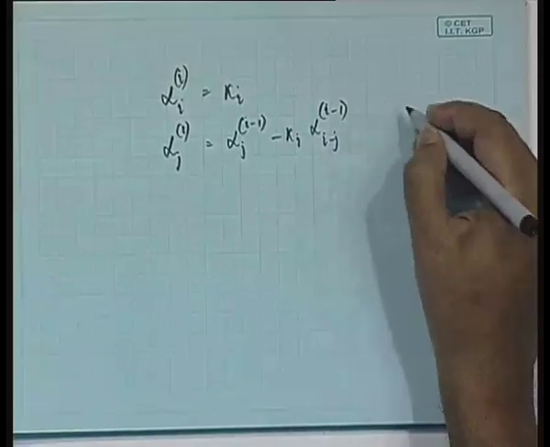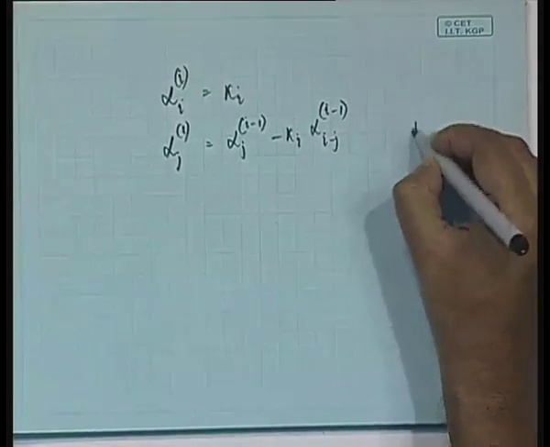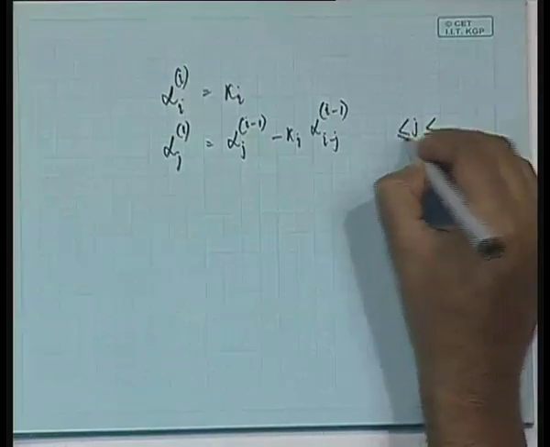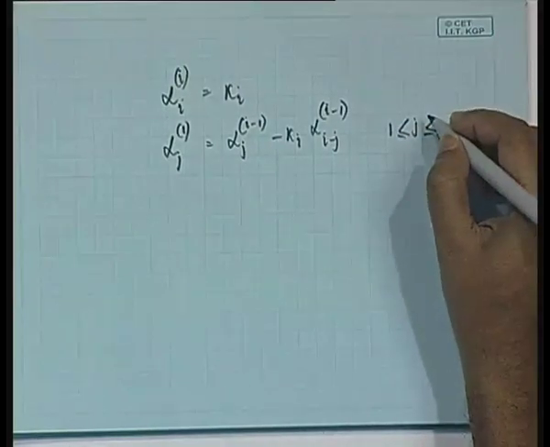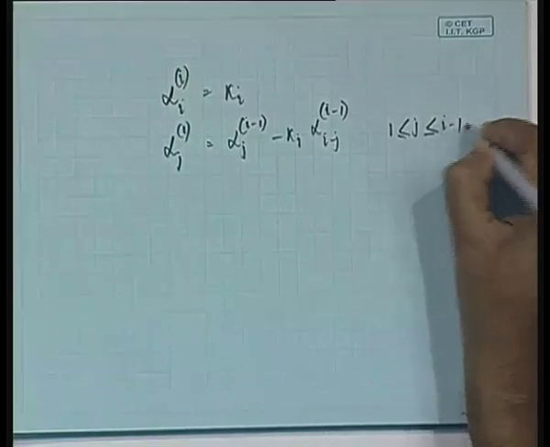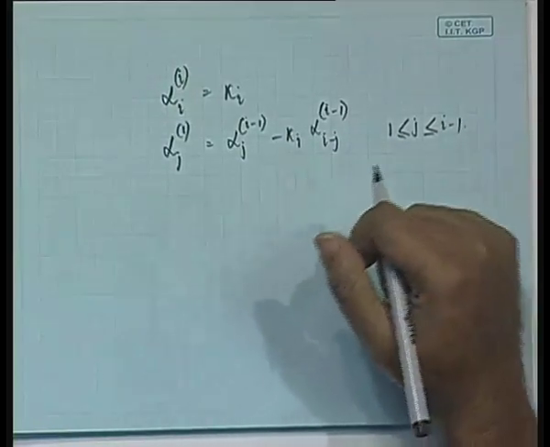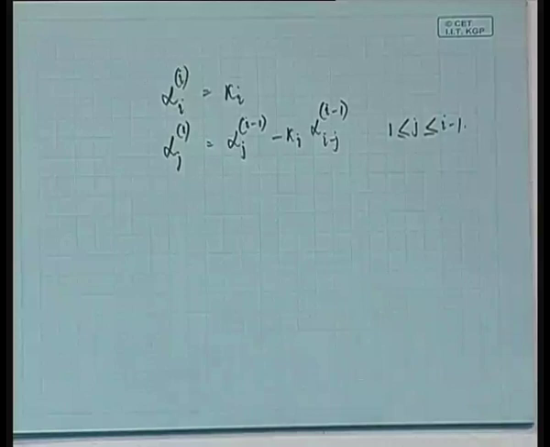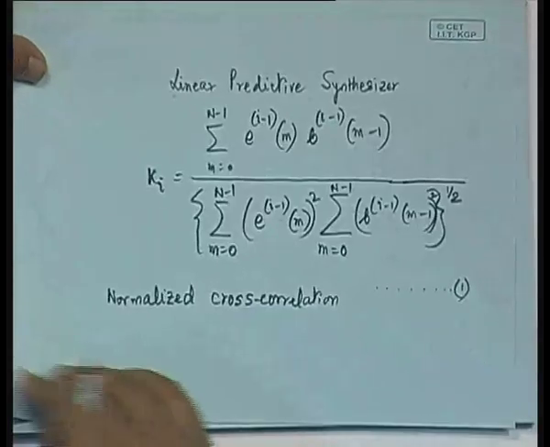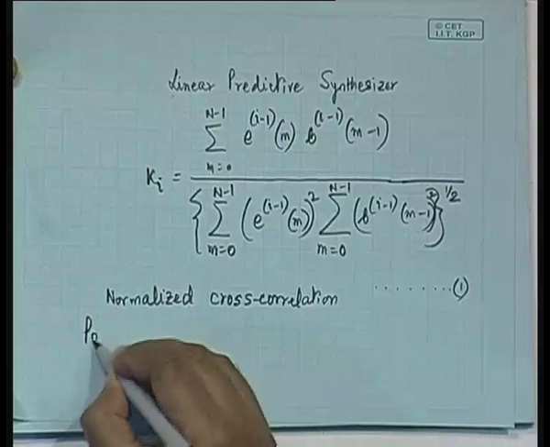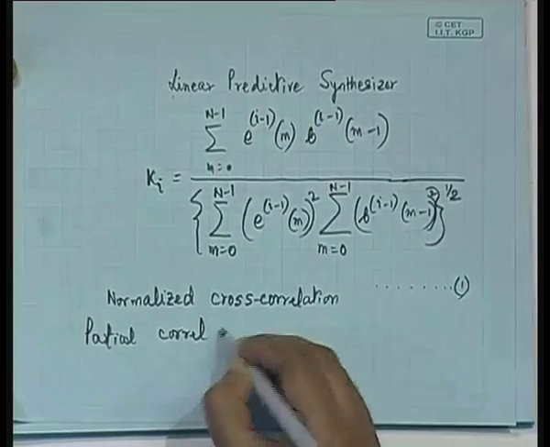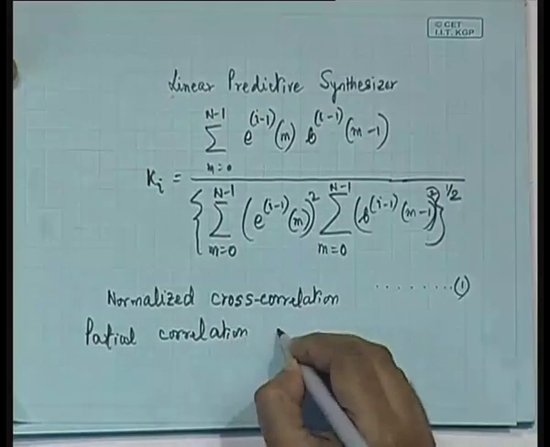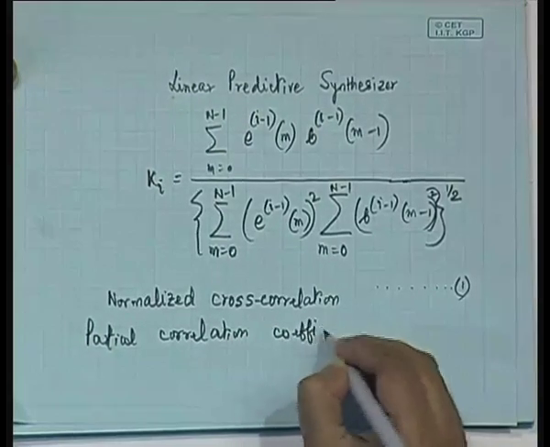This we have to do for j varying from 1 to i minus 1. So this we already know, and these Ki's are called partial correlation coefficients, or PARCOR.